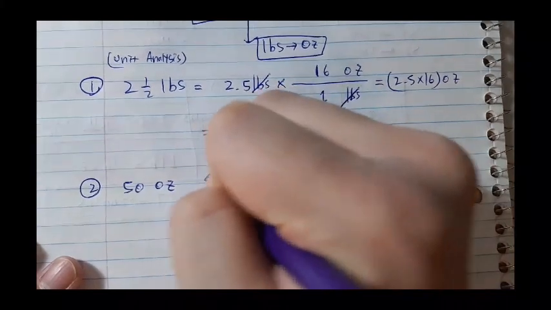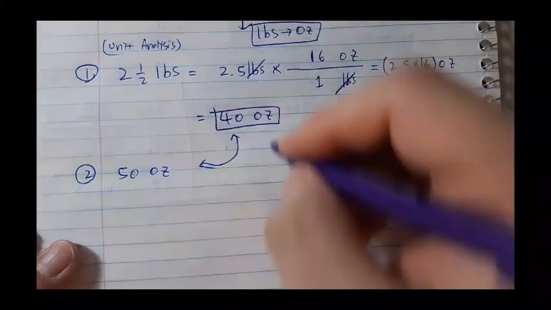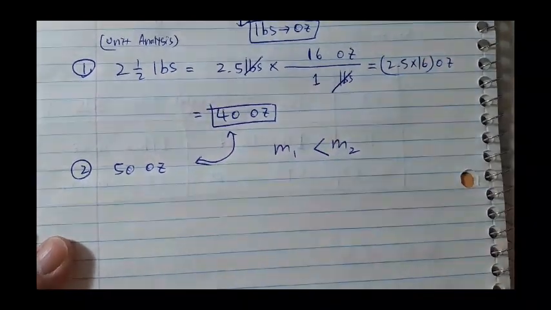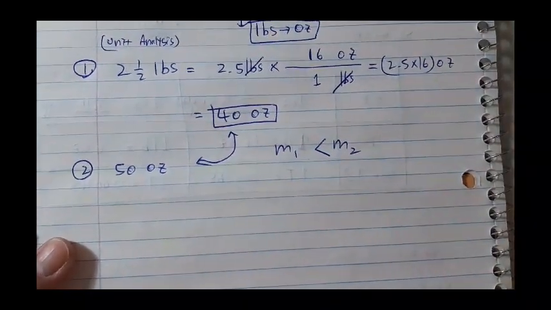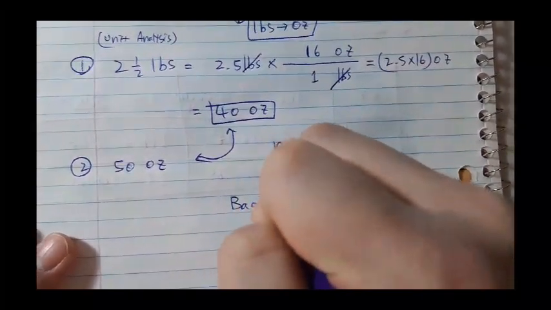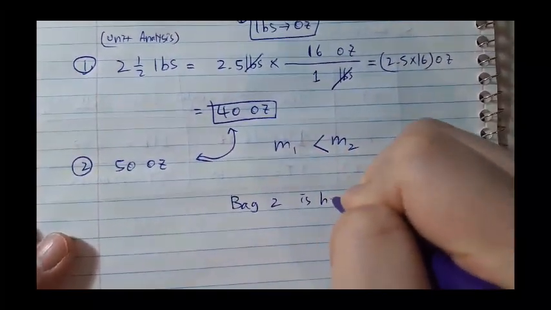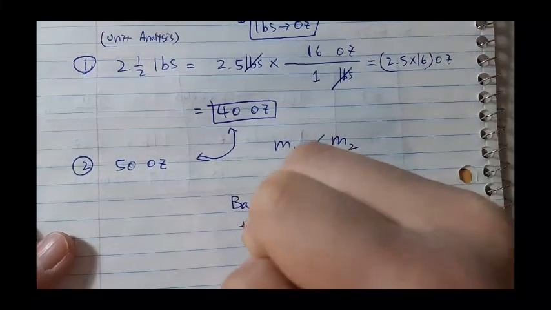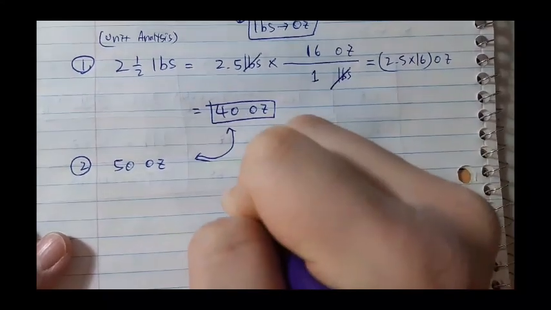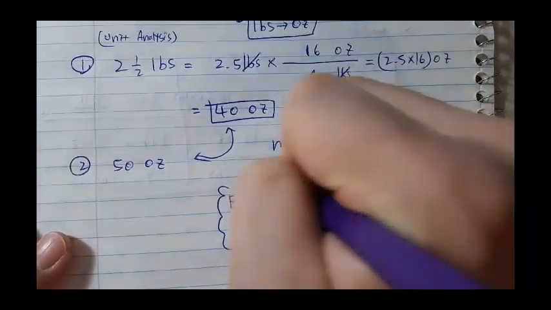So as you may notice, we know which one is bigger. My mass 1, which is 40, and mass 2, which is 50, I know that mass number 2 is bigger. So you can conclude that bag 2 is heavier than bag 1. We can get to this conclusion.